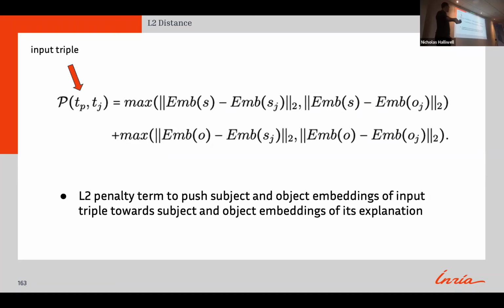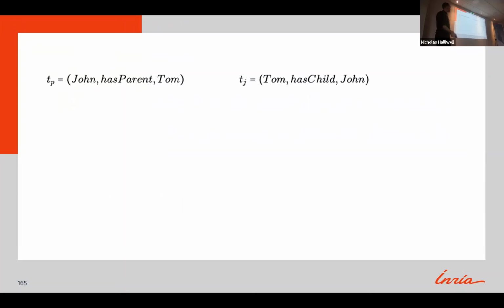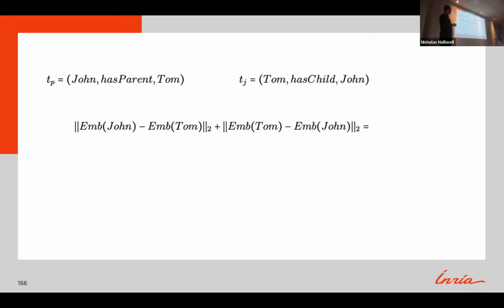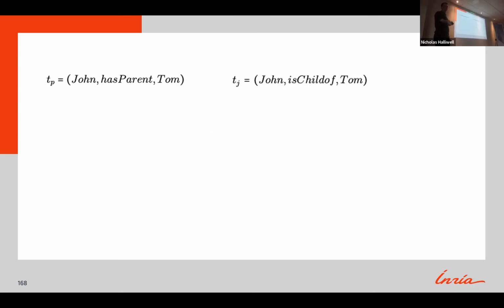So we have TP, which is an input triple, and then TJ, which is an explanation triple. A motivating example for that is, if you had some input triple, John has parent Tom, and Tom has child John. Well, computing that L2 distance, we have the subject here, and then we have Tom, the object. This is just an L2 distance. It's going to be 2 times the L2 distance between these two.